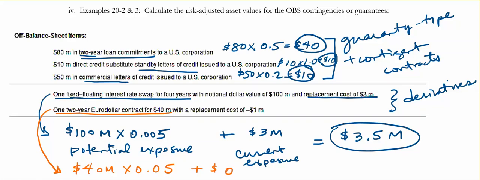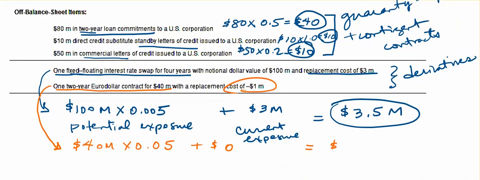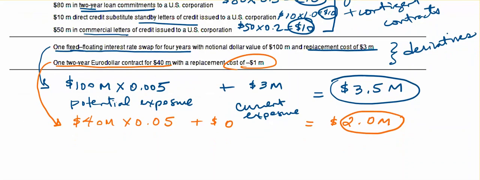And the current exposure is 0 because remember what I said, that the replacement cost will have a floor of 0. So 0.05 times 40 is $2 million. All right, so these are the credit equivalent amounts for all 5 of these items that are off-balance sheet items.